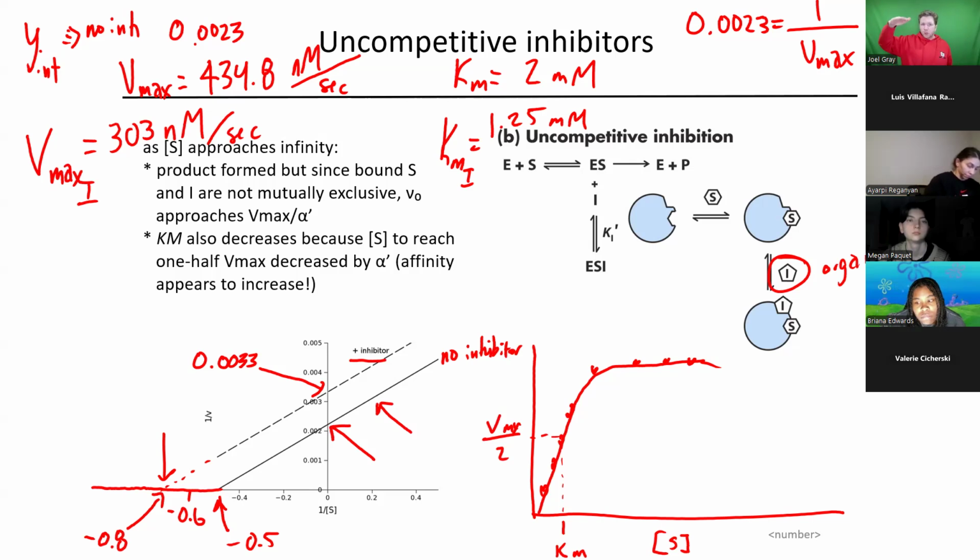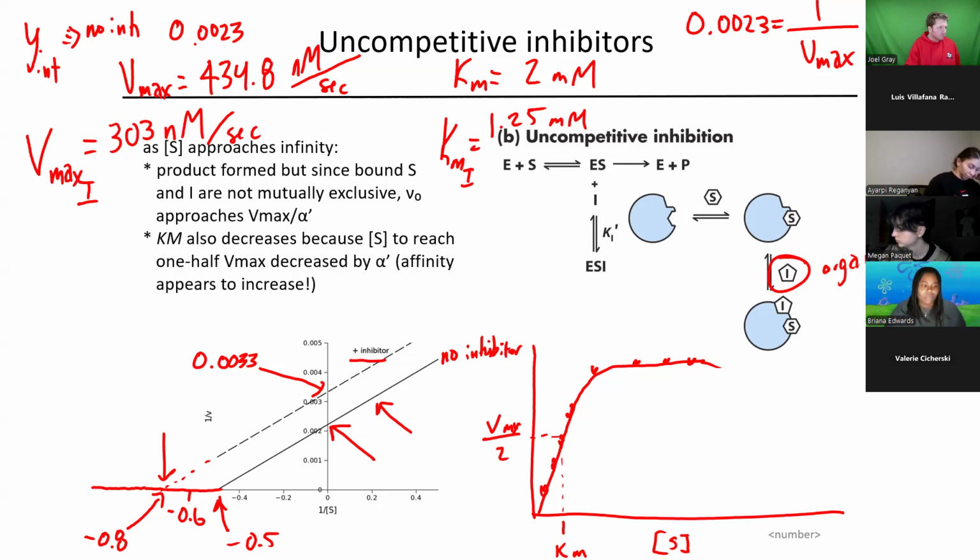My Km, the measure of my affinity, the number Km decreased. So that means my enzyme's affinity for the substrate increased. It's very important that you keep that straight. So I will ask you, how did the Km change? Did the Km change? How did the affinity change?